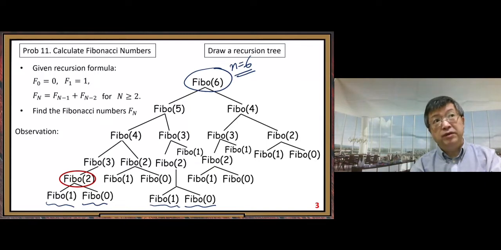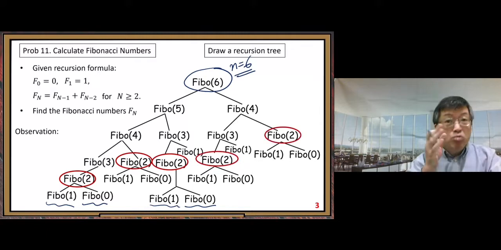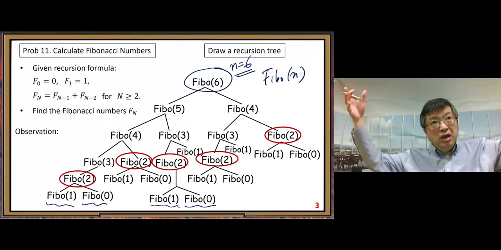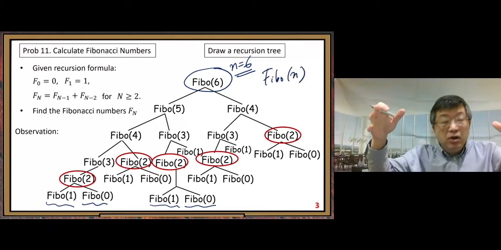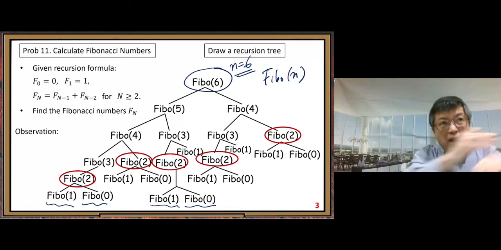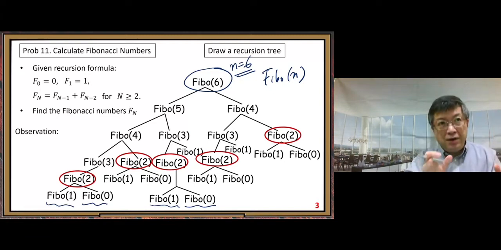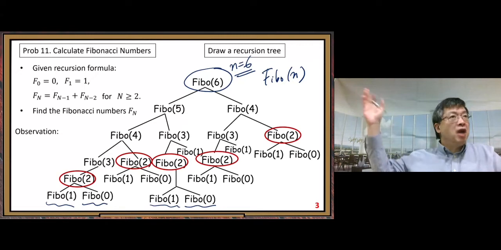That's important. In this small example, it appears 5 times. Then you can imagine if we have a general Fib of n, a big tree, then many Fib values will appear a large number of times.